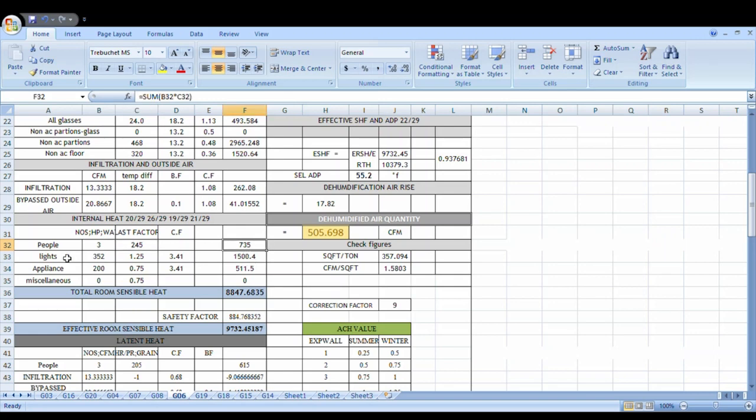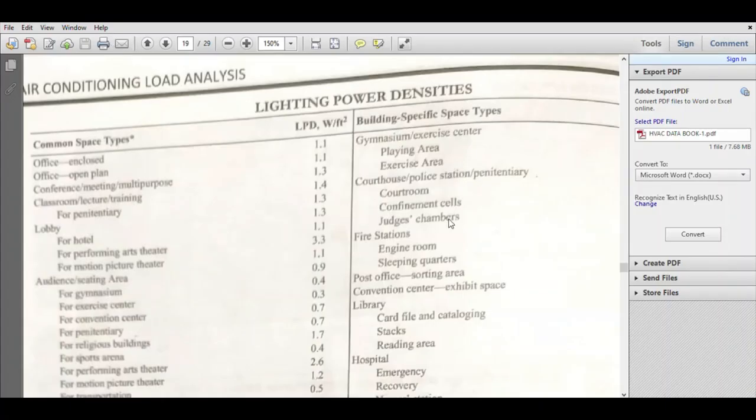Now I will calculate for lights. This is lighting power densities. Our office is enclosed, so you have to take this value, 1.1 watt per square foot, and multiply by our office total area.